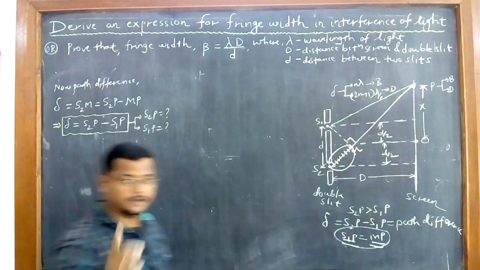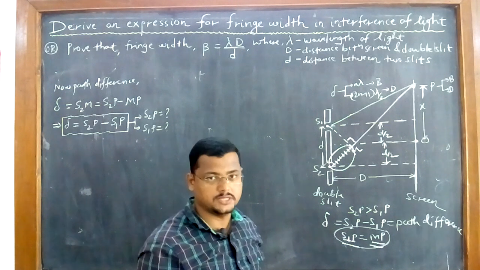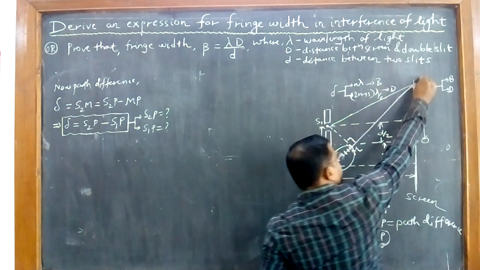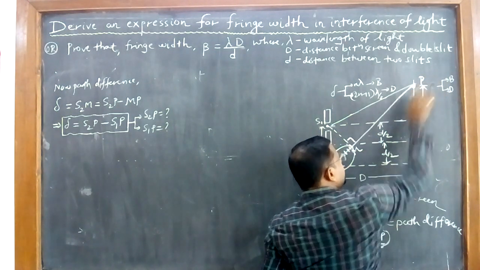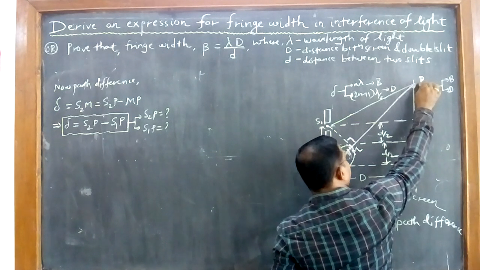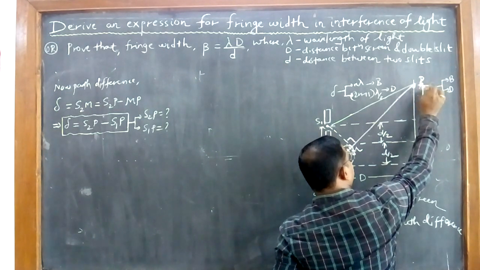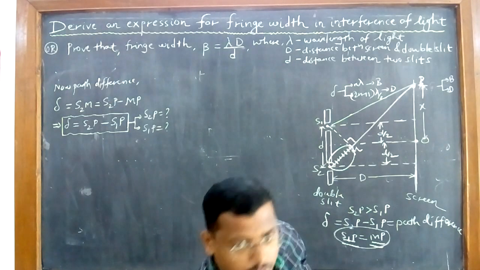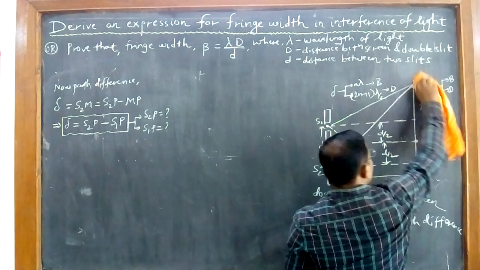For that you will clearly suggest the Pythagoras theorem. If I want to calculate S1P, this is the point P here, and I have to use the Pythagoras theorem because this is the right angle triangle that I am going to form.